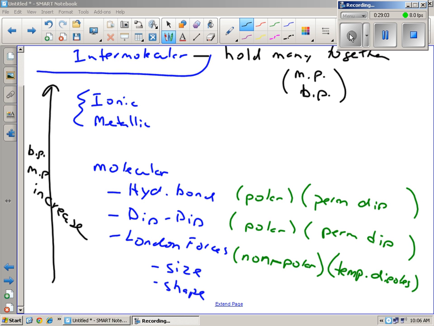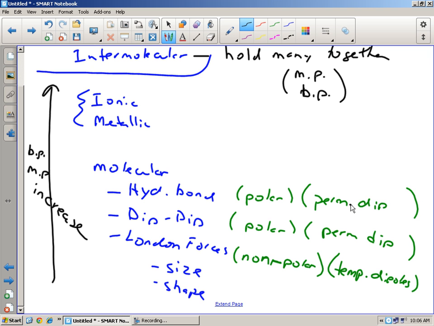Remember that these are permanent dipoles, and these are temporary dipoles due to electrons spinning round and round. So when you go up this chart, melting and boiling points increase, aka the strength of the intermolecular forces increases.